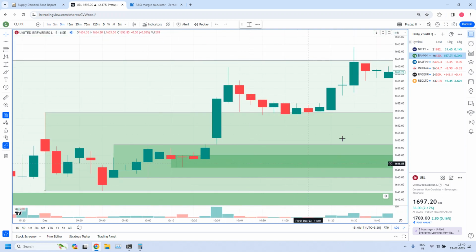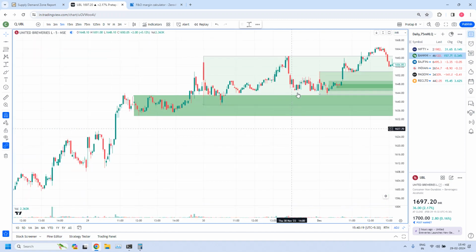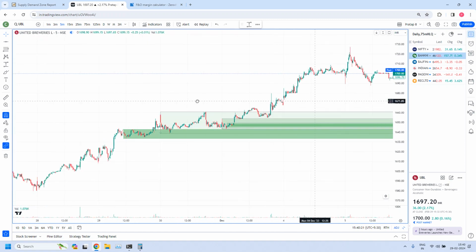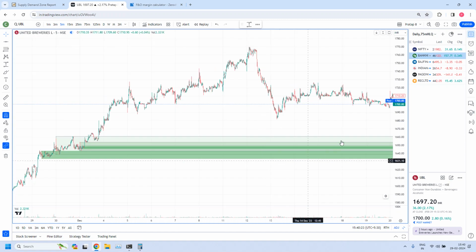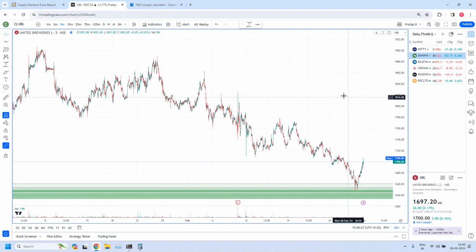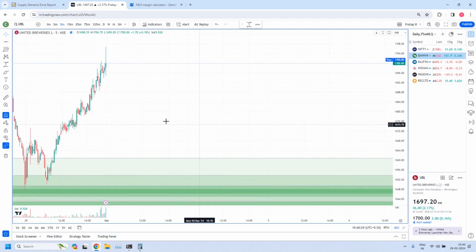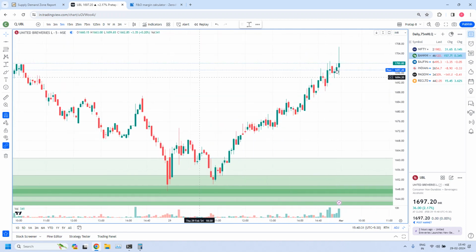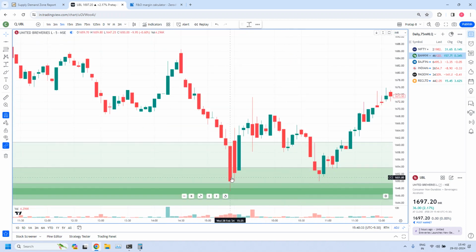And today prices entered into this zone, right? Is it today only? Let us check the candle. No, this was yesterday. Yesterday at 15:25 prices entered.